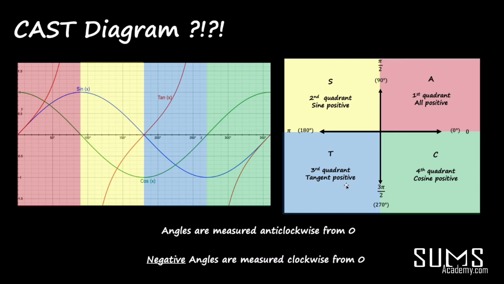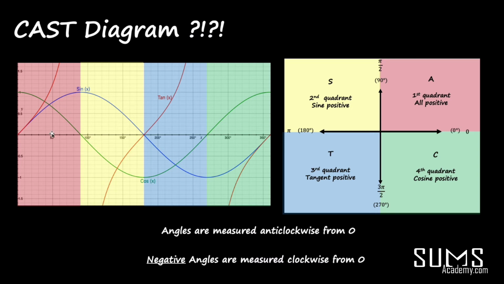And the way it works is I've drawn the three big trig graphs here. The blue is sine, green is cos, red is tan. What you can see is that for the first 90 degrees, all of these values give a positive answer. No matter what angle you choose between 0 and 90, every trig function is going to give a positive answer.